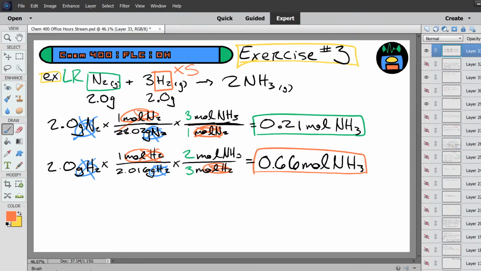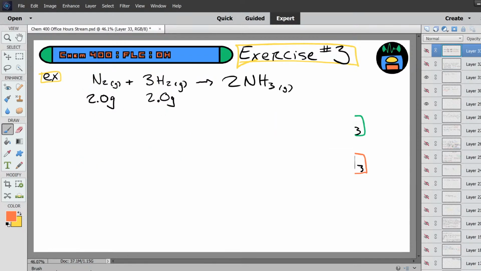All right? So we have determined that hydrogen is the excess reactant. Now we need to know how much hydrogen is consumed, so we're trying to find the grams of hydrogen that reacts.